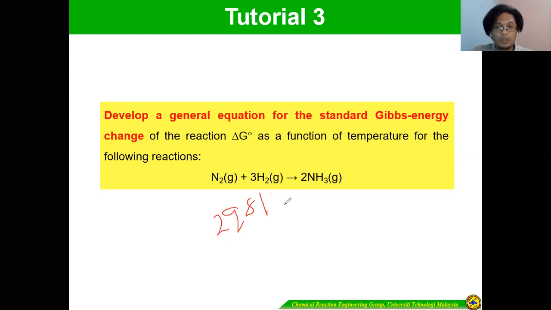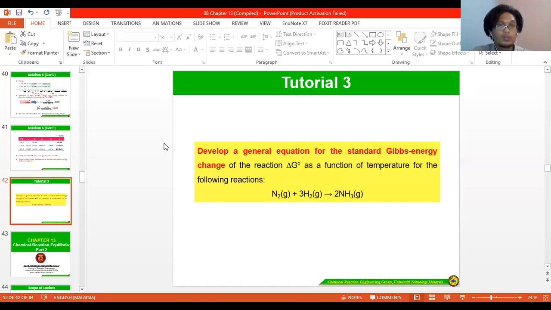Okay, so please do. Let me check first. Please do it by using the previous equation. So I want to know first about the delta H naught and delta G naught. Can you calculate?